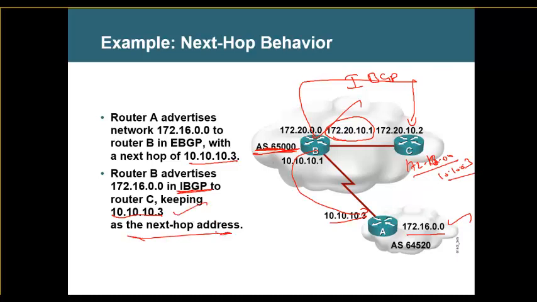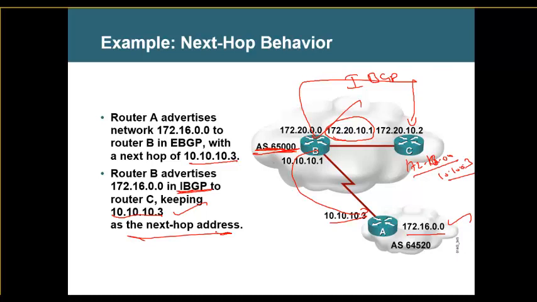Ask me a question if you have one now. Why is BGP doing this? Because it is an autonomous system by autonomous system routing protocol. The next autonomous system should be seen as the next hop.